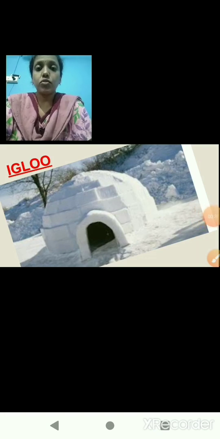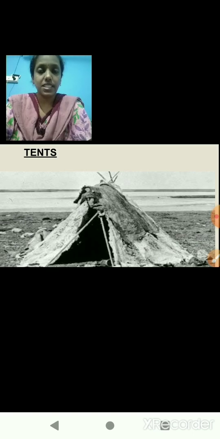Now for Inuits, igloo means home, whether it is made up of ice or wood or bricks. It is just a house. But during the summer months, they move into tents that are made up of leather.